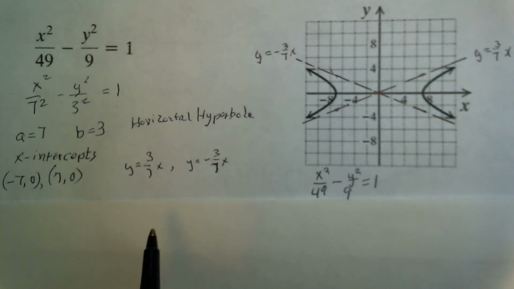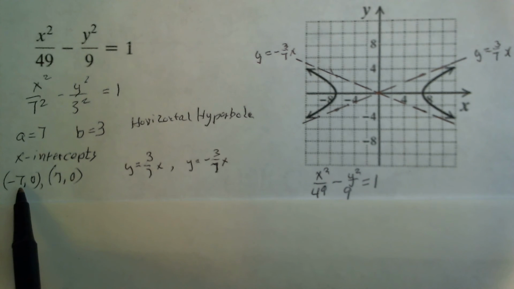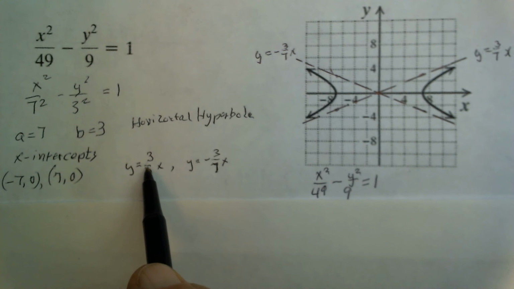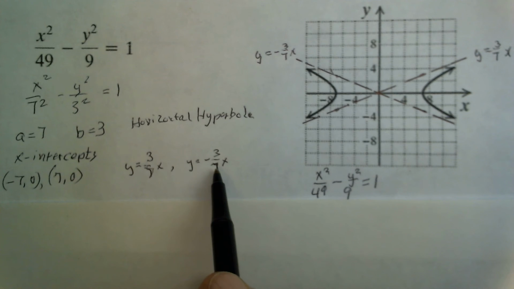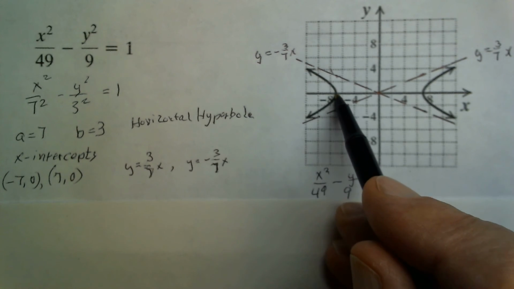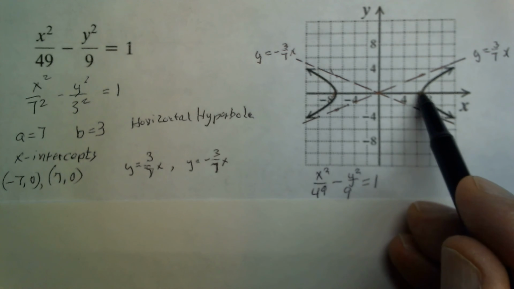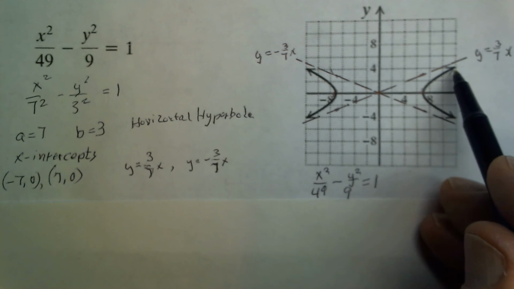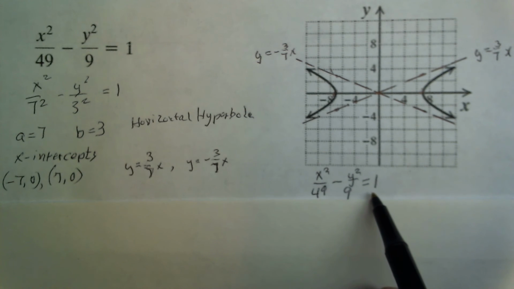So here we have identified this as a horizontal hyperbola with x-intercepts (minus 7, 0) and (7, 0). And the asymptotes have the equations y equals 3/7 x and y equals minus 3/7 x. So here are the asymptotes, and here are the vertices, the x-intercepts. And of course, here's the center at the origin. And here's a graph of x squared divided by 49 minus y squared divided by 9 equals 1.